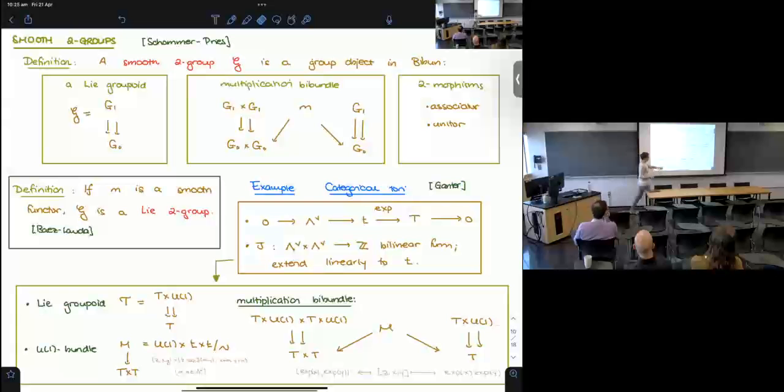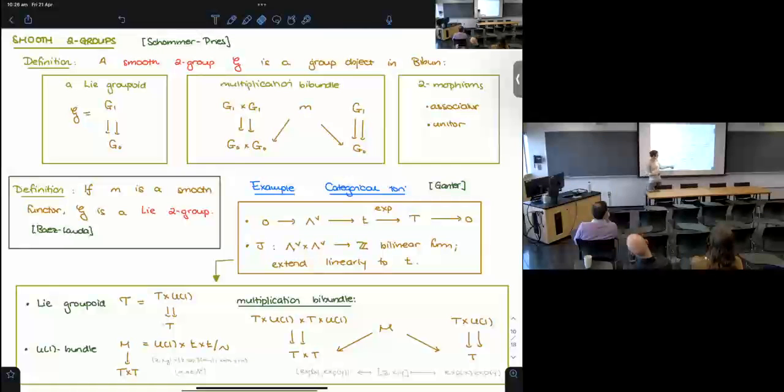Then we want to define a bundle M, a space M, which lives in between. And because this guy is trivial, like it's just the product of T with U1, it should be a principal U1 bundle over T cross T. That's what we're looking for. And here's what we do. We take the trivial bundle, not over group cross group, but we say it's trivial when we pull back to Lie algebra cross Lie algebra.